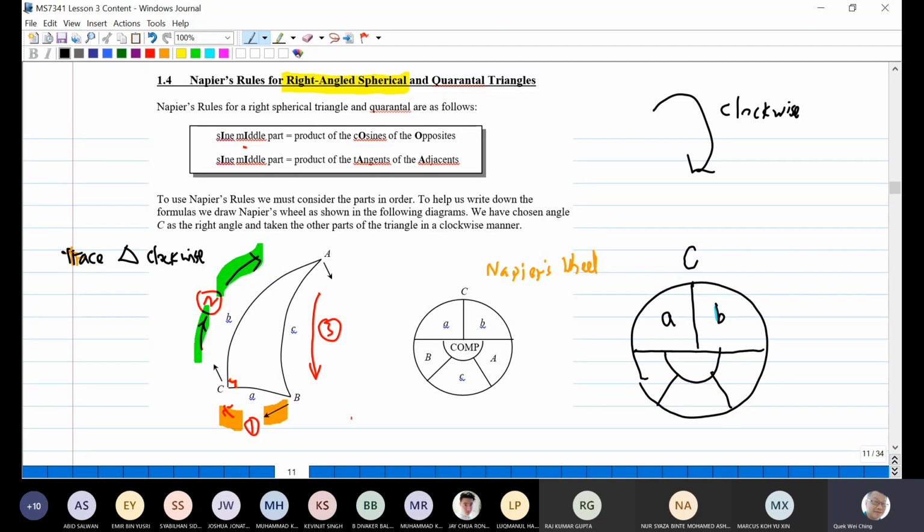Then you hit the angle A. Okay, the side B first. From side A to side B, then you hit angle A now. So the next thing you encounter is angle A. Okay, angle A is this one.